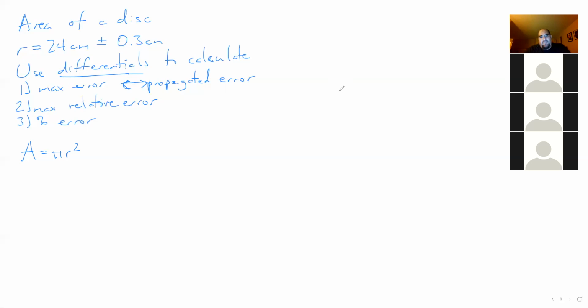Let me ask this way. By definition, a differential is related to a derivative. So what should I take? I want to take a derivative of this function we wrote down. What should I take the derivative with respect to? So what variables should I base that derivative on?